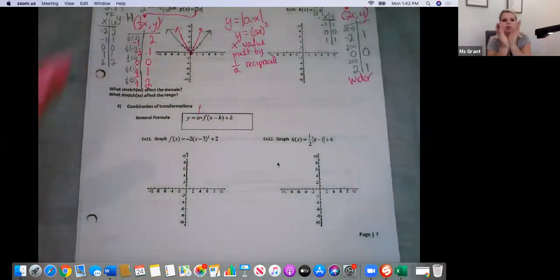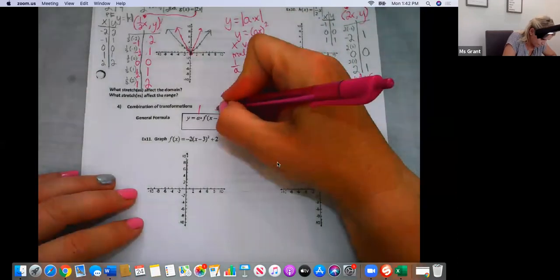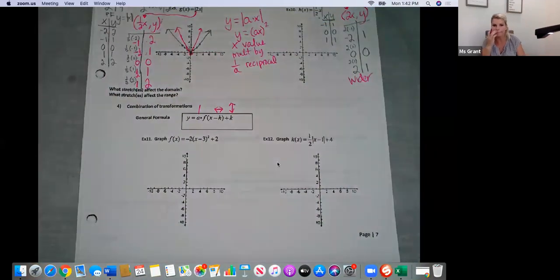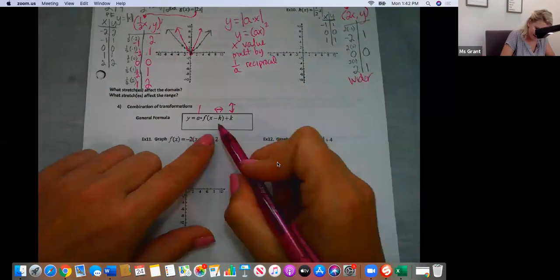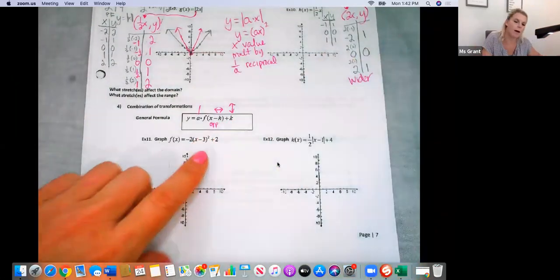That has the ability to stretch, compress, what else? The H tells me whether I go left or right. My K tells me whether I go up or down, right? Remember how my opposite sign is in here? I'll put OPP, opposite.